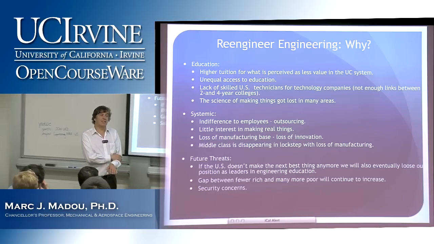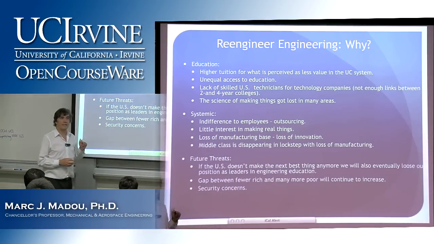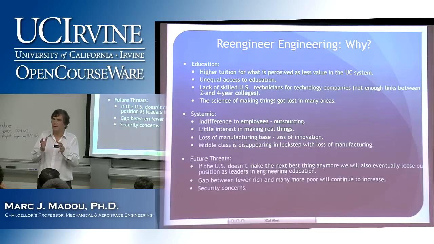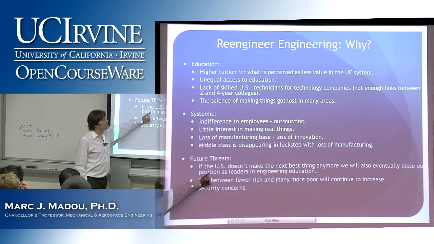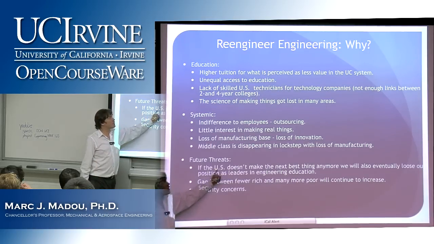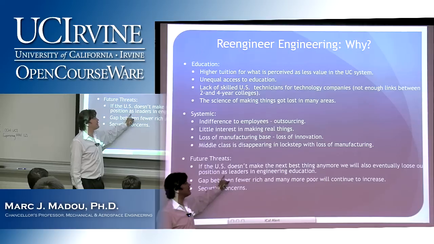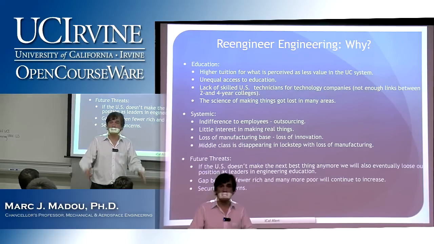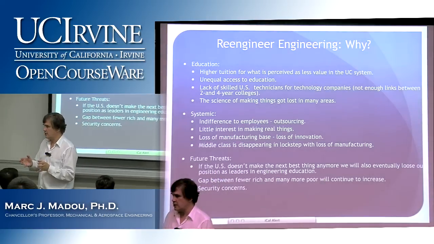Something that the US is actually already responding to are the last 3 points, because this really threatens our future. If the US doesn't make the next big thing anymore, and this is a point that you might appreciate, we will also eventually lose the position as leaders in engineering education. We are still the country where everyone wants to come for an engineering education.